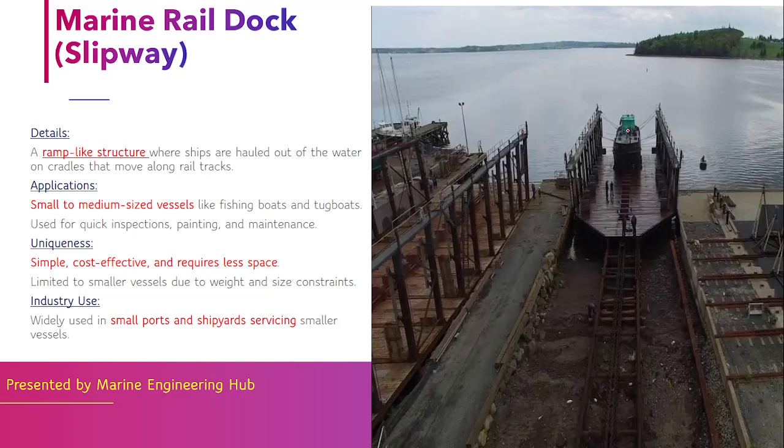It is very handy for doing any painting, inspection, or any maintenance of this type of ship. Uniqueness wise, it is simple, very cost effective, and it requires very little area. It is also a permanent type of structure, but this can only be used for small size vessels.